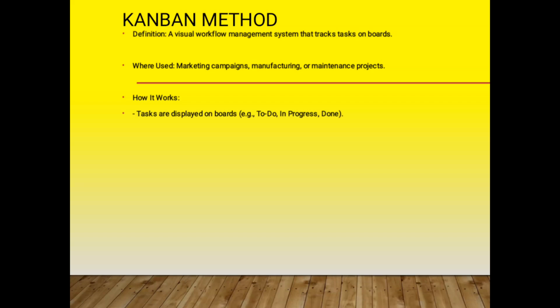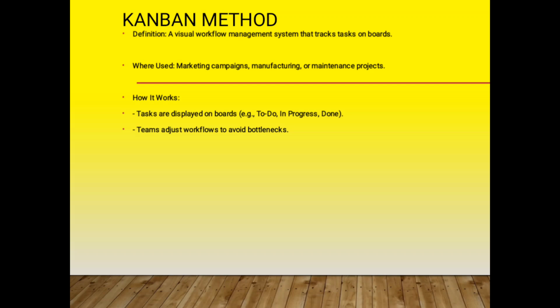So how is it used? A project manager is supposed to have a board. On that board, you list all your tasks: those which are supposed to be done, those which are in progress, and those which have already been done. So you check everything using a written board.